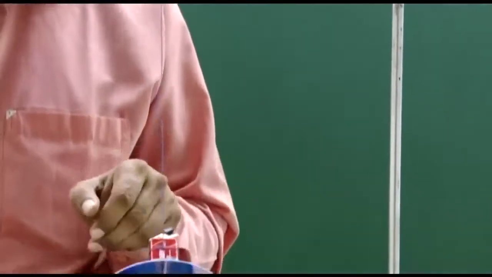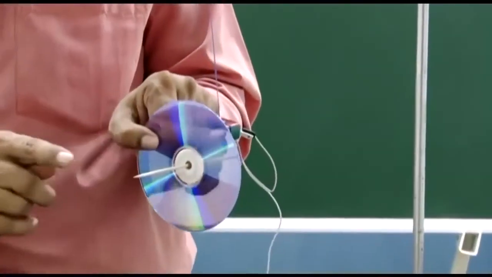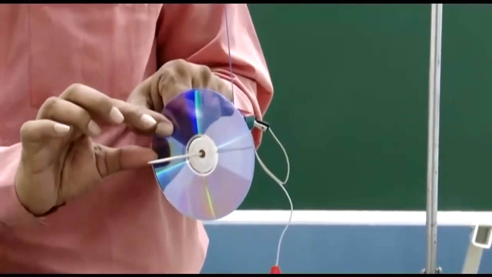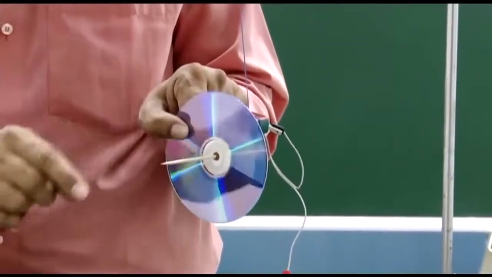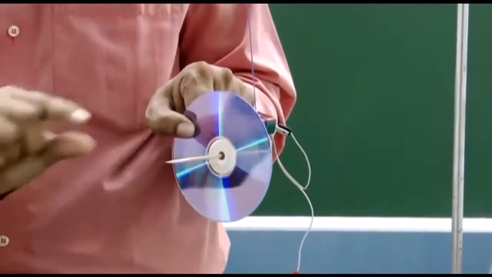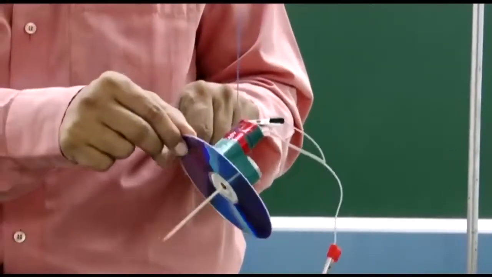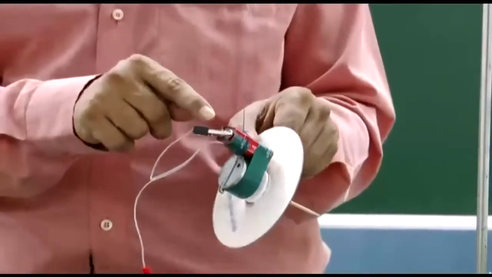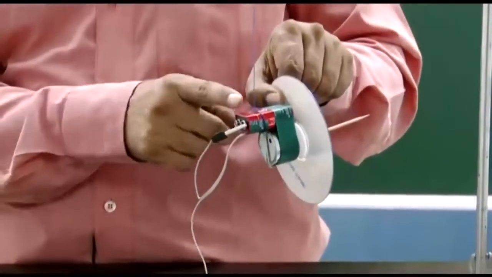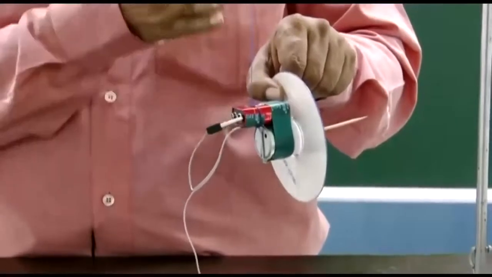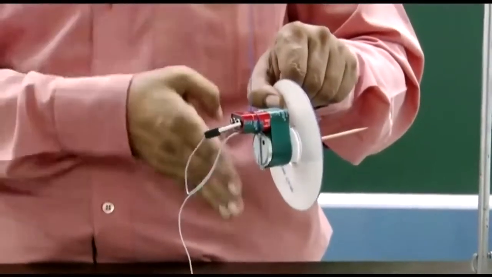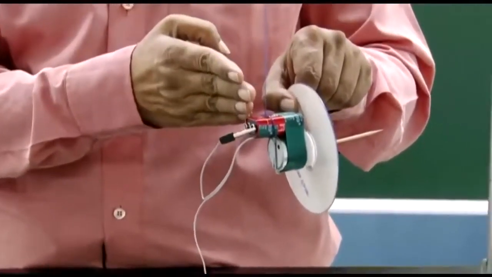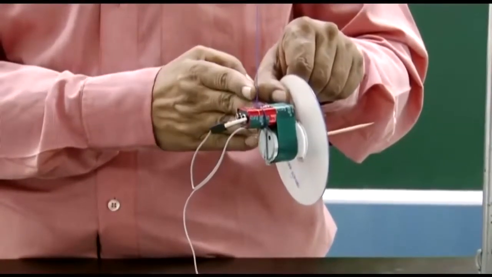On the other side you can see a toothpick. This is just to show the axis of this CD, the direction of the axis of the CD. If I keep this CD surface vertical, then the thread is not passing through the center of mass.